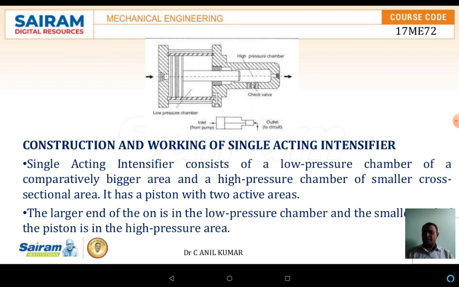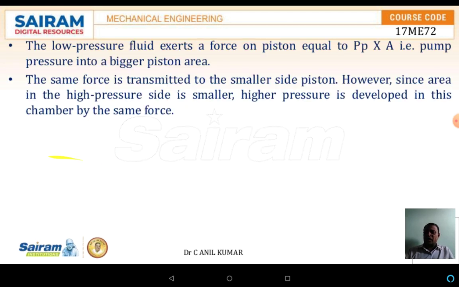The construction of the single acting intensifier consists of a low pressure chamber of comparatively bigger area and a high pressure chamber of comparatively smaller cross-sectional area. It has a piston with two active areas. The larger end is in the low pressure chamber and the smaller end is in the high pressure chamber.